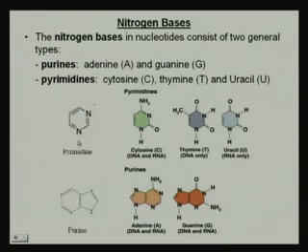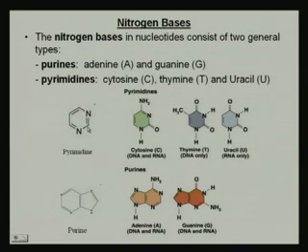Further, it has three main derivatives: cytosine, symbolized as C, thymine, T, and uracil, U.